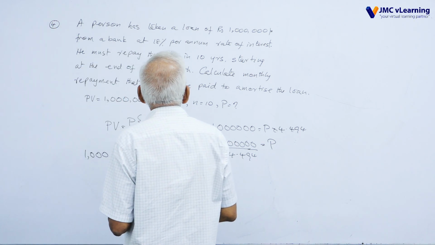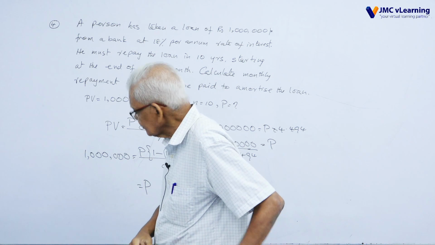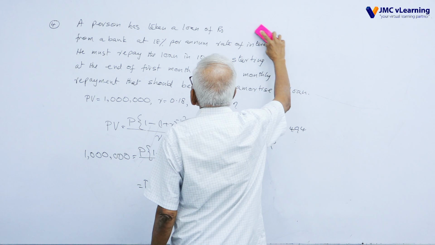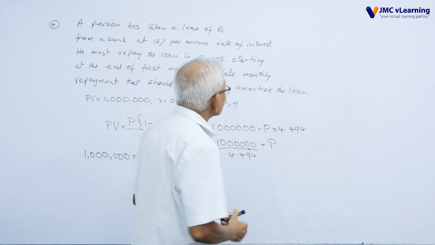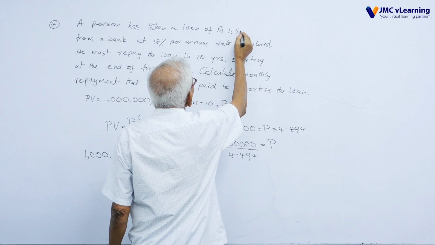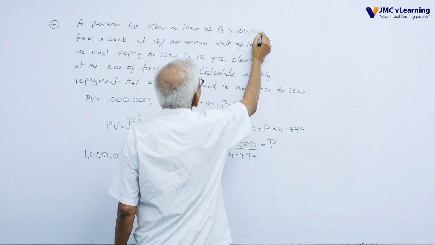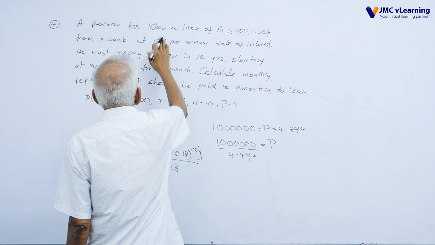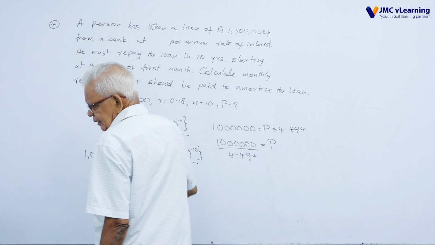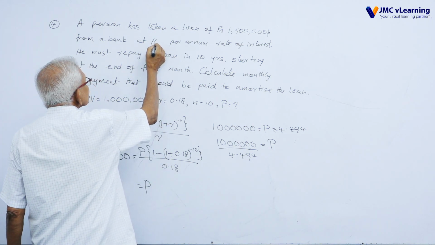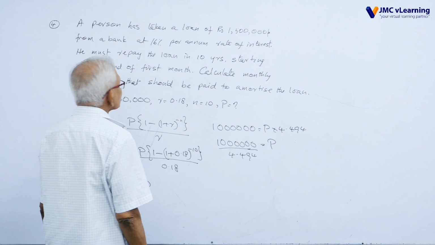A person has taken a loan of rupees 1.5 million from a bank at 16% per annum rate of interest.